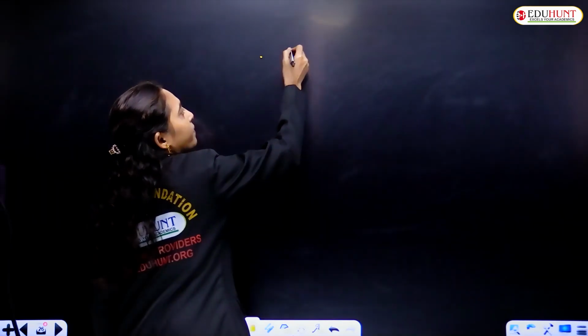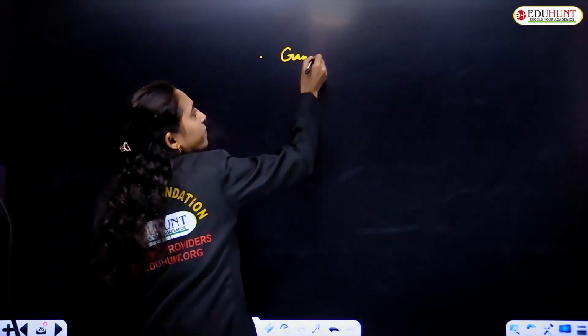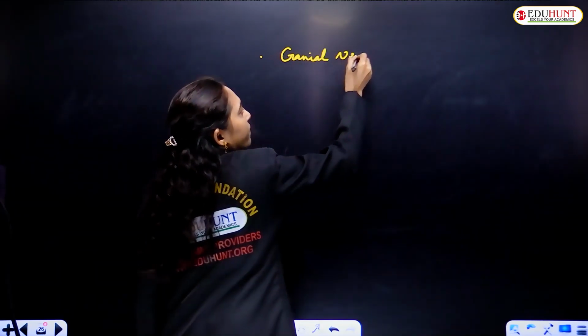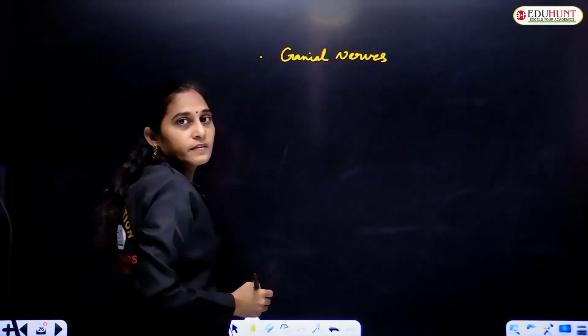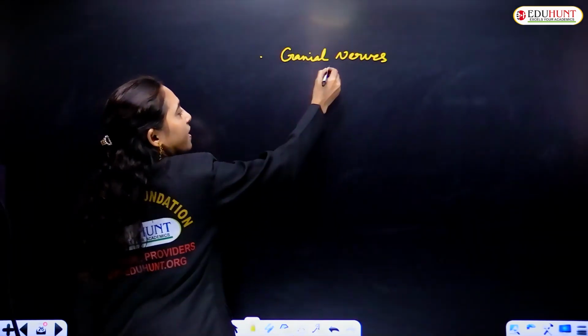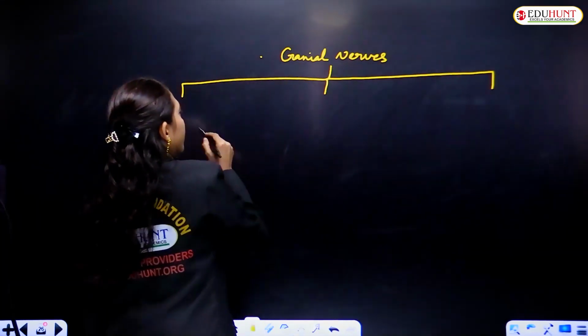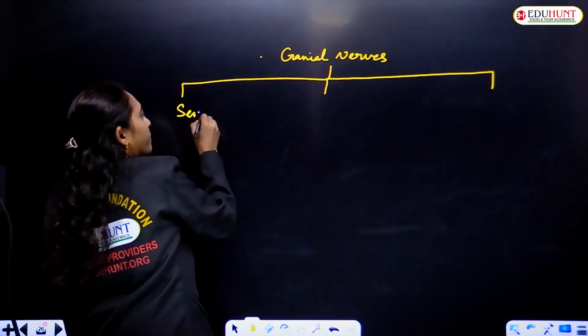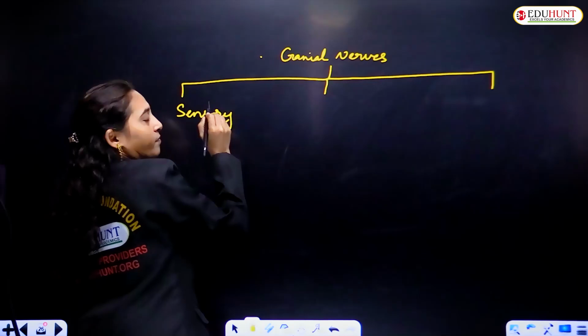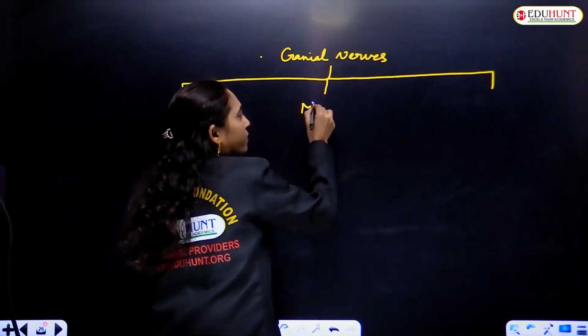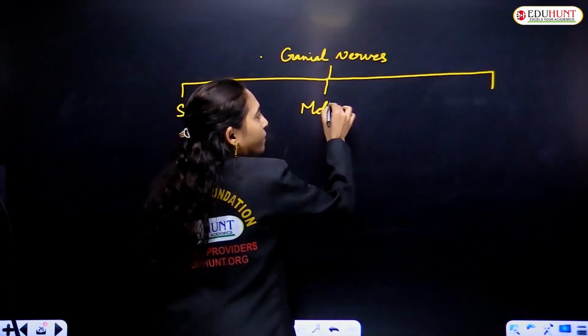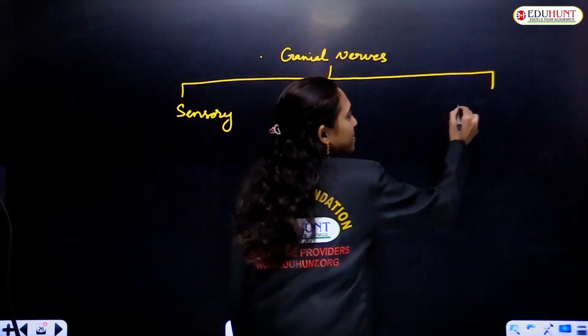Nerves, cranial nerves. Cranial nerves are of three types: sensory, then motor, and then mixed.